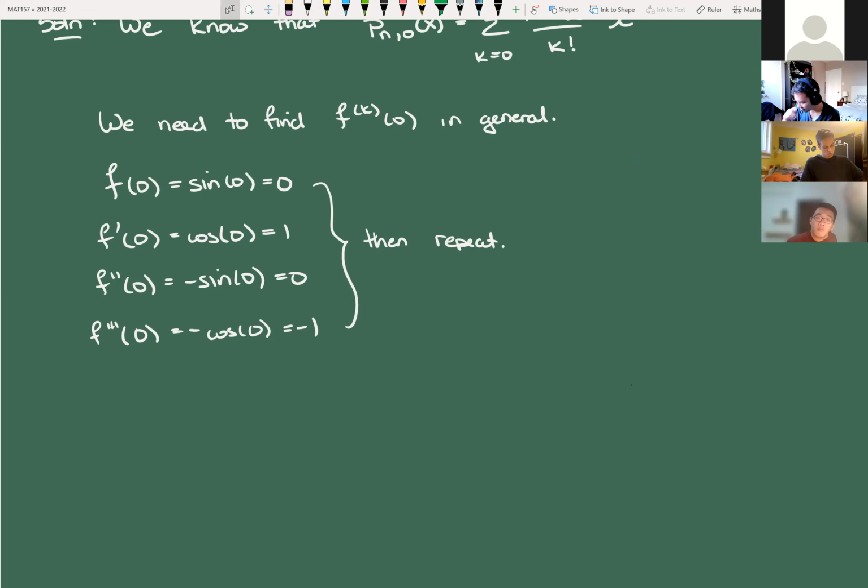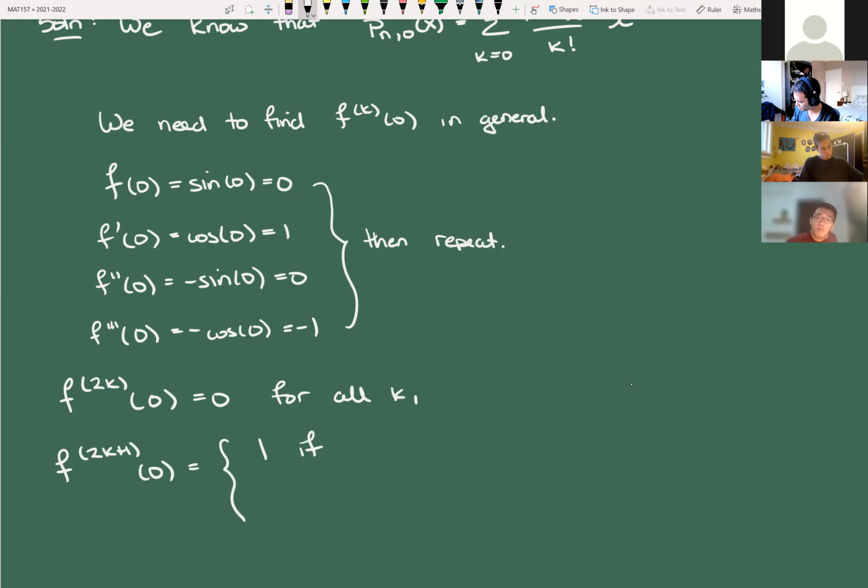So what we end up getting is that we note that the derivatives are only non-zero for odd numbers, right? So f to the 2k of 0 is equal to 0 for all k, right? That just says all the even derivatives are 0. And then f to the 2k plus 1 of 0 is equal to 1 if k is, I think, even.